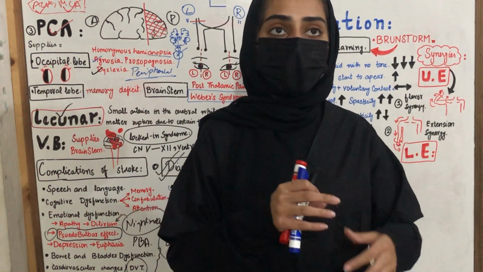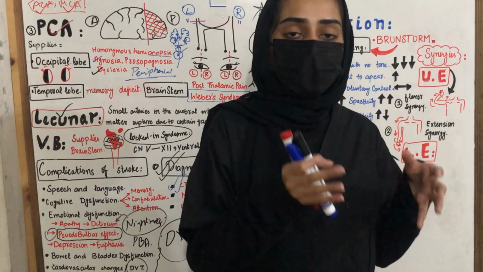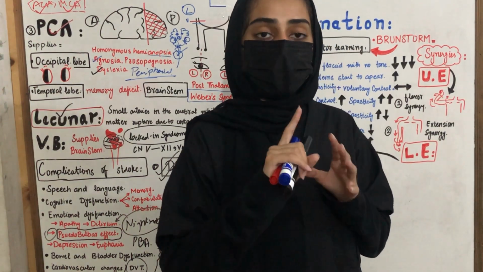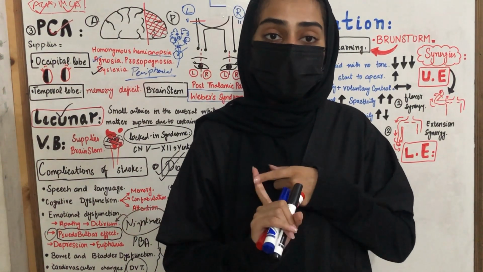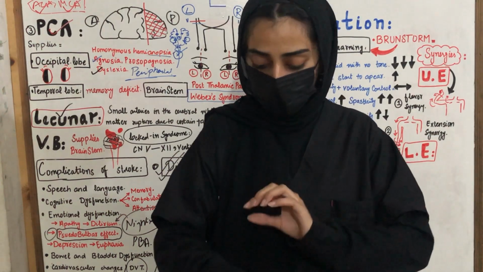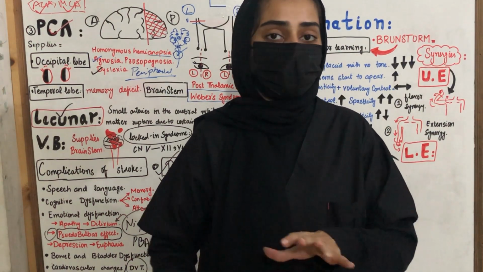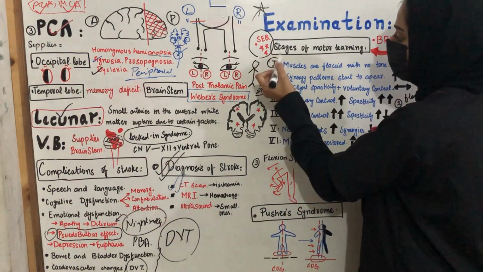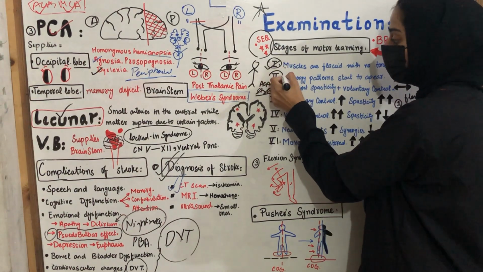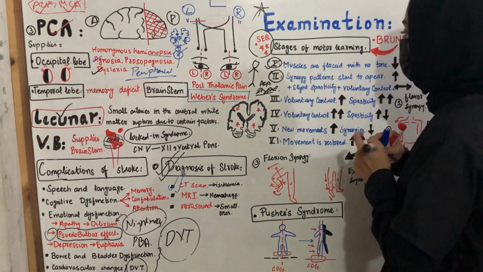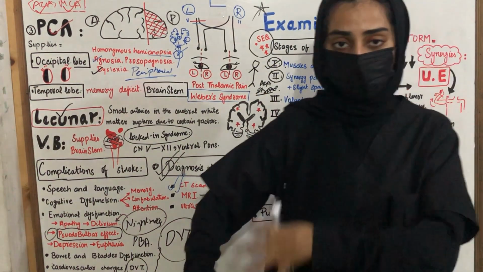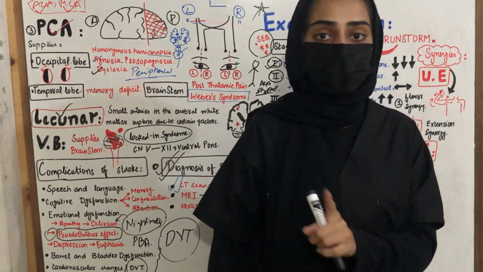For 72 hours or more, in the acute stage, in the initial stages, stage 1 is complete paralysis, complete flaccidity. The person cannot even move one muscle, the finger, or anything. Okay? That's stage 1. In stage 2, now that certain part of the body, the left side, is not flaccid anymore.